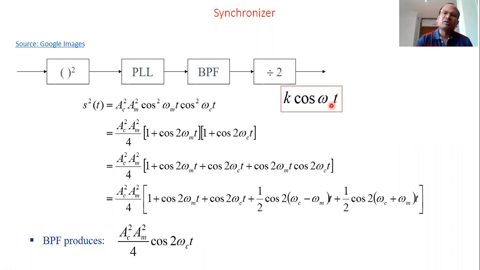Both of these problems can be handled by the synchronizer circuit. And this is the rough typical block diagram of a synchronizer circuit, which can help in recovering the correct message signal by addressing the problem of frequency and phase drift. So that's all for this lecture.